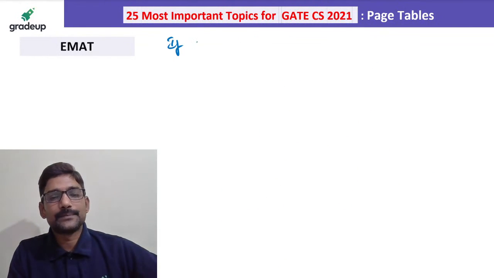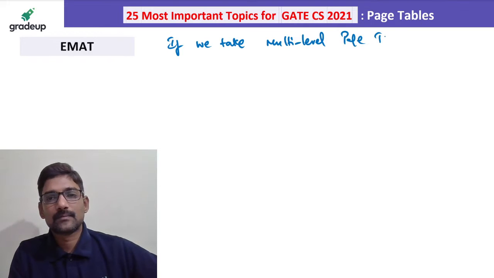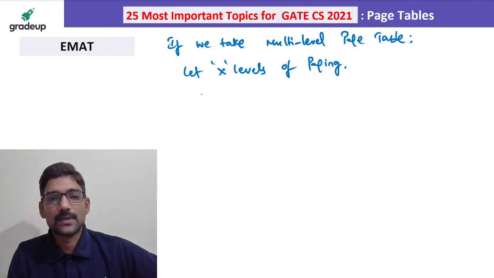So now, if we take multi-level page table, there are X levels. X levels of paging we are doing.